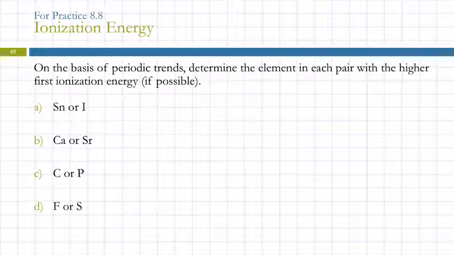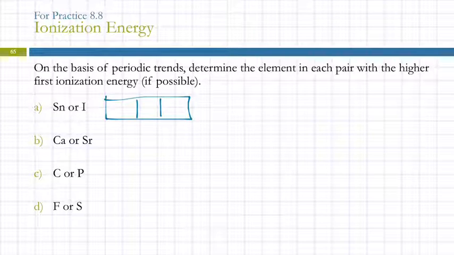So tin or iodine. Oops, I didn't draw enough boxes, so I'll just add one over here. There's tin and iodine. I start by deciding which one's bigger, tin or iodine. As you go across, they get smaller, right? That means that tin is bigger, so this is larger size.